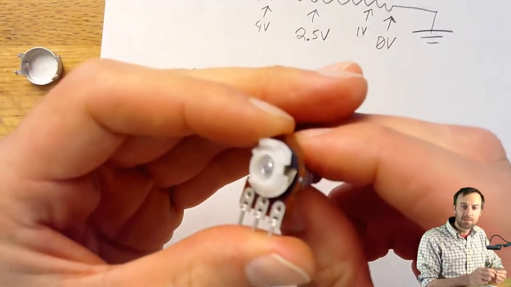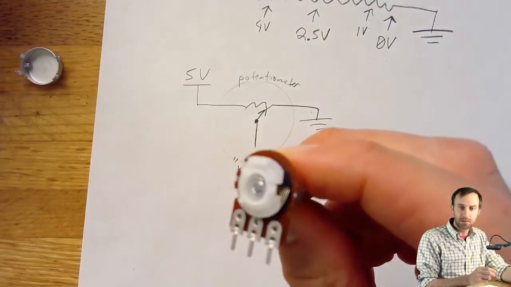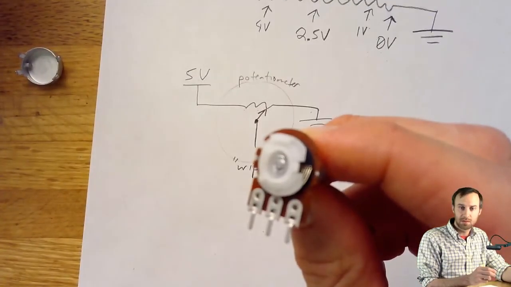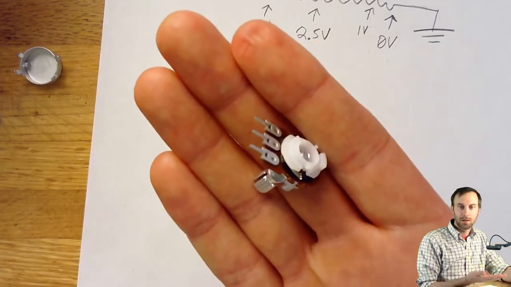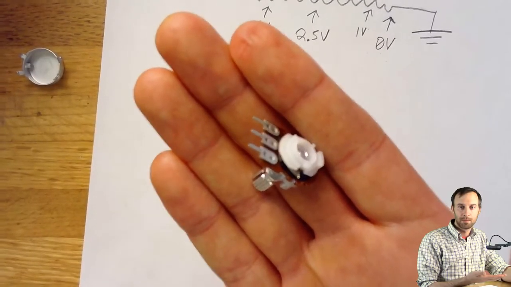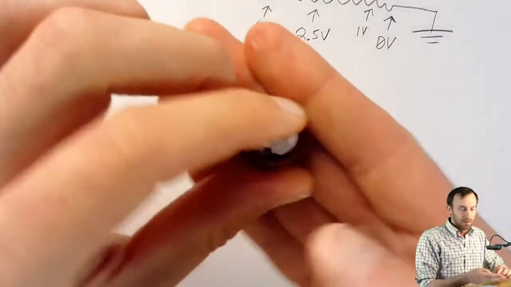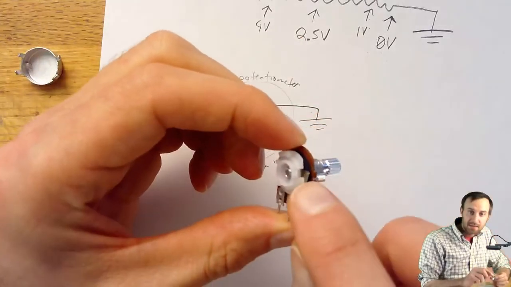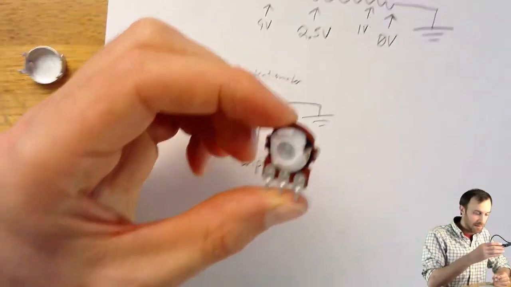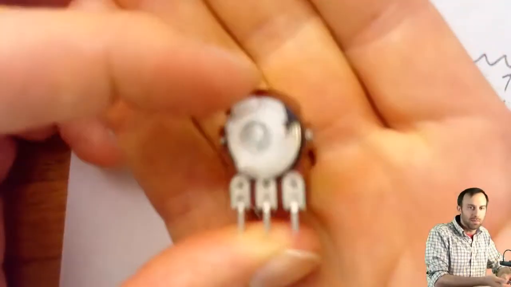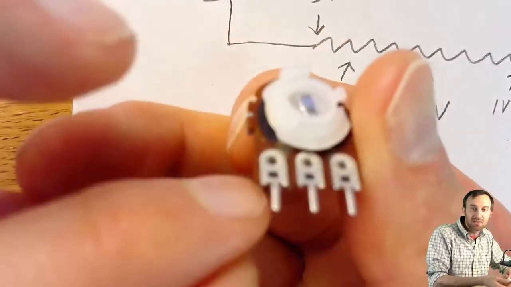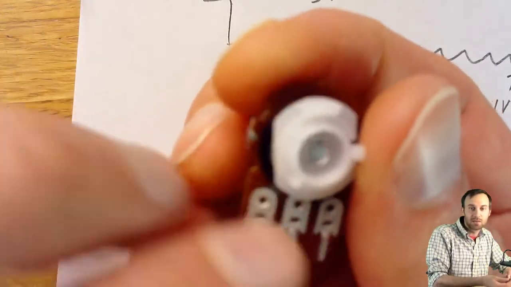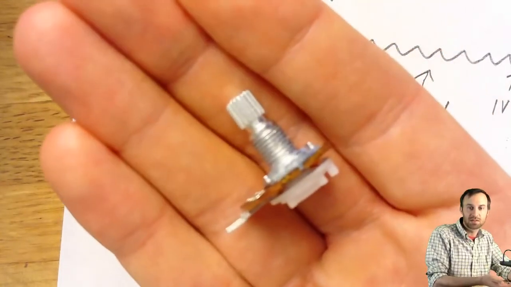And here's the special feature of the potentiometer. I'm going to try to focus on it. The special feature of the potentiometer is it has these little things here which are able to touch that black background. The black background is the resistor, and I want you to see that this outside leg and this outside leg are both connected to the edges of the resistor.